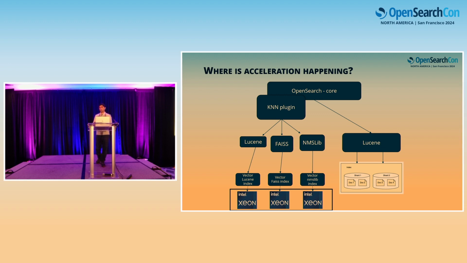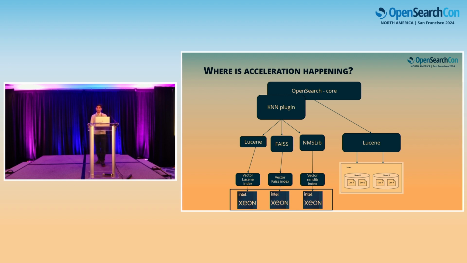Now, how do we use these accelerators in an application? There are a couple of ways. For Faiss and NMSlib, which are native libraries, meaning written in C++, Intel offers intrinsics, so you can use intrinsic code, which allows you to call and use AVX512 registers.